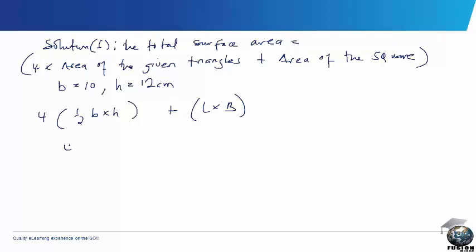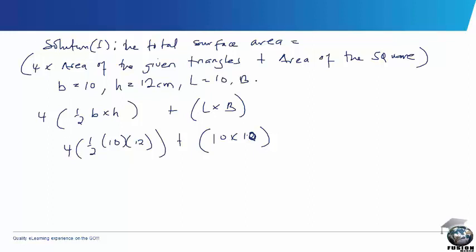And this is as good as saying 4 times half times 10 times 12, plus length times breadth, sorry, 10 times 10 because it's a square. Length is equal to 10 and the breadth is equal to 10.